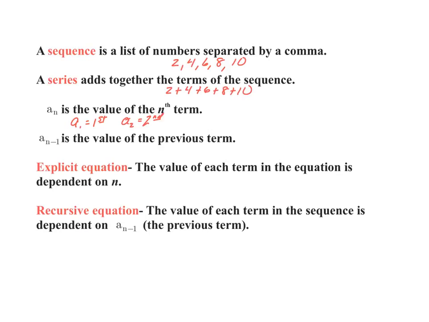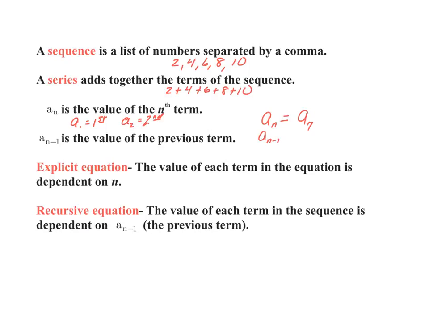And so then we have another notation, which is going to be a sub n minus 1. So a subscript n minus 1. Now that is going to simply represent the value of the previous term. So for example, if you have a sub n is a sub 7, that means that your n value is 7.